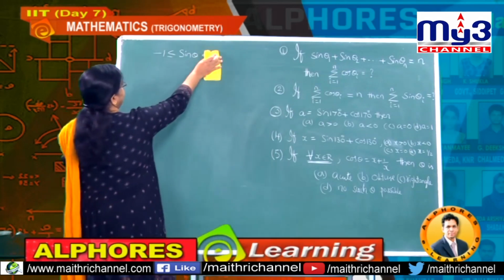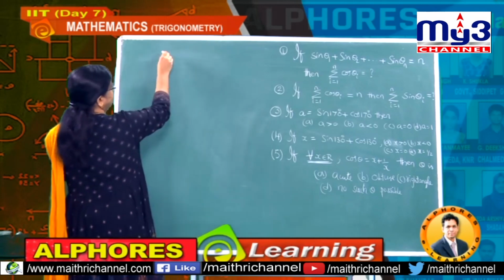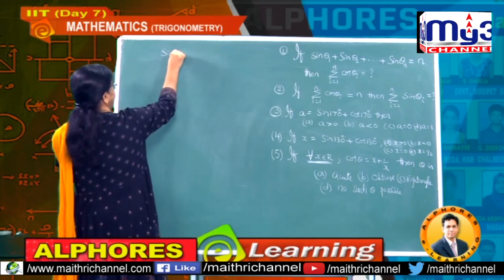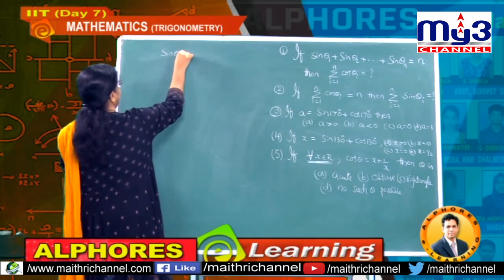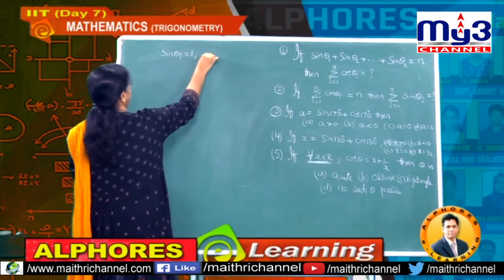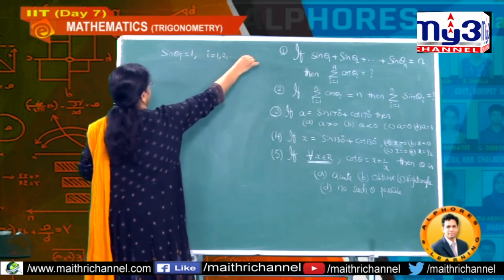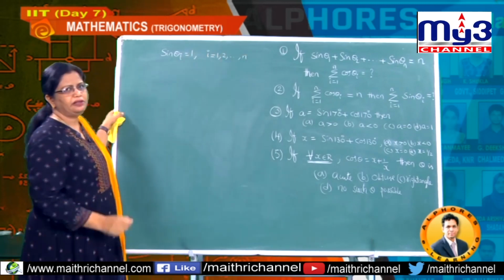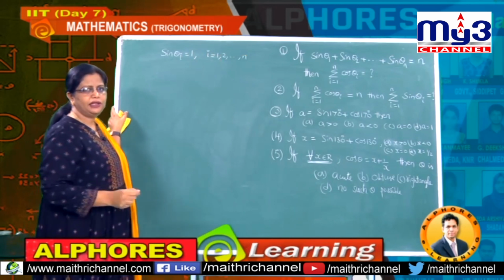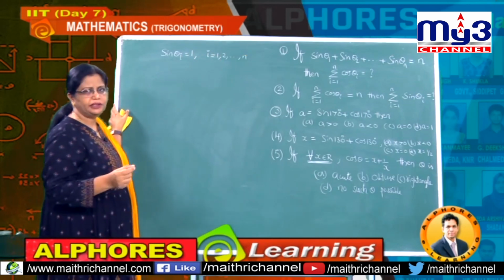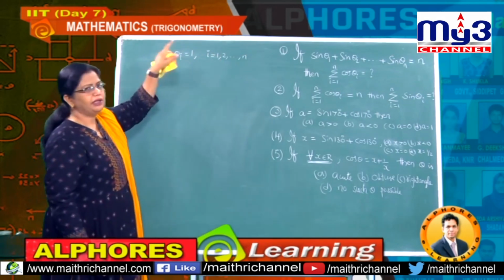Hence what we are going to take is each of the values sin theta i equal to how much here? 1 for all i, where i equals 1, 2, 3 etc. n. In this way try to write in short. Instead of writing sin theta 1 equal to sin theta 2 equal to sin theta 3 etc., just represent like this.